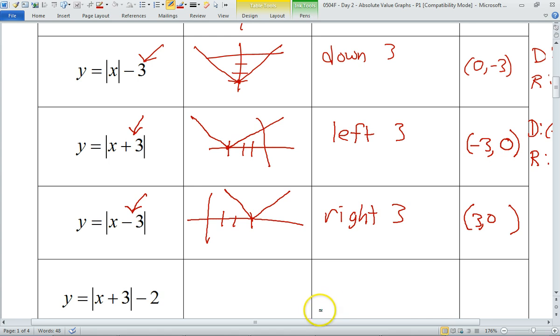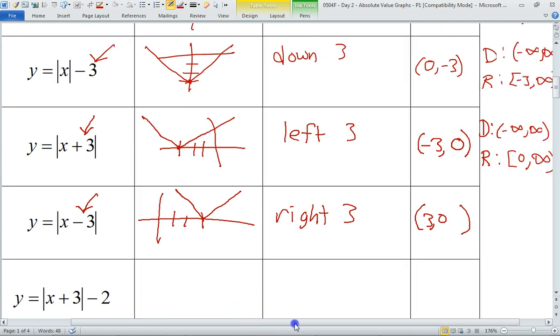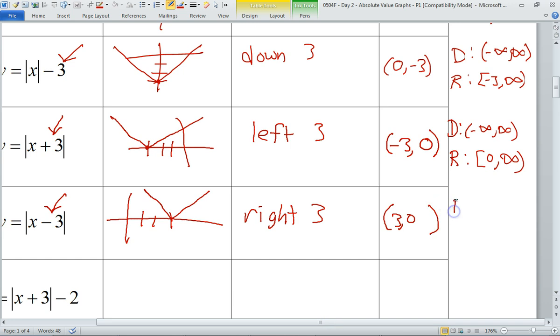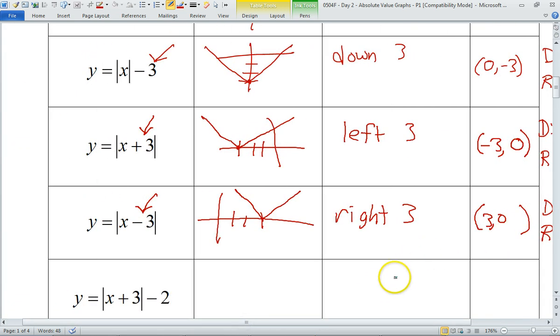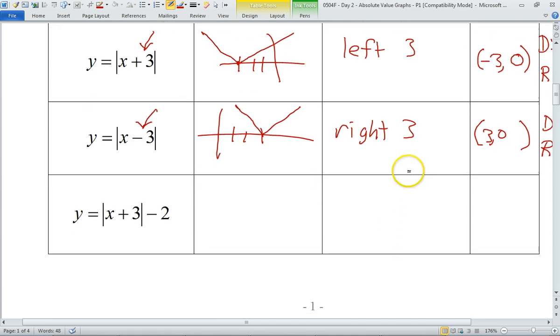Okay. Now, Mr. Clark, tell me the domain and range. Yes, but give it to me bottom to top. 0 to infinity. All right, domain and range always go least to greatest, so we'll go 0 to infinity.